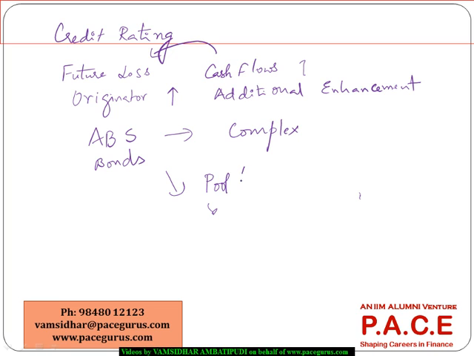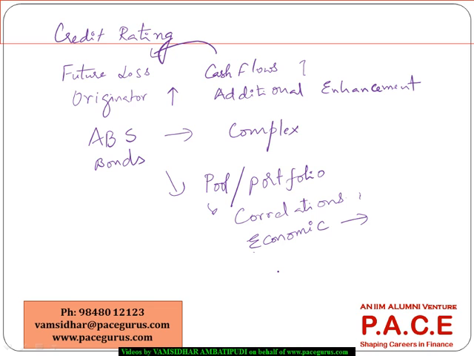There is some kind of portfolio behavior between the various securities that are part of the ABS. There could be a correlation between the various assets in the pool and the economic forecasts, which may result in either foreclosures or prepayments.